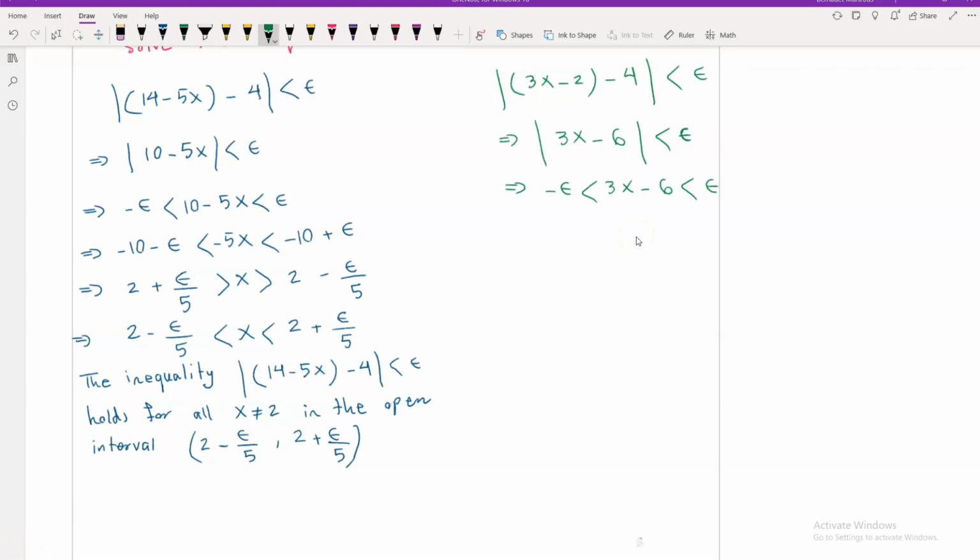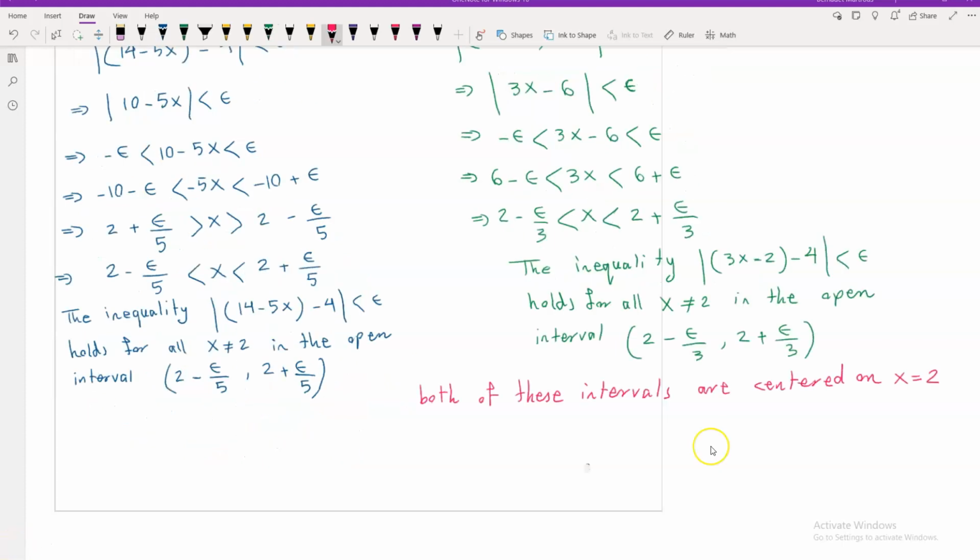So here we have absolute value of 3x minus 6 less than epsilon, 3x minus 6 between negative epsilon and positive epsilon, add 6, divide by 3, so our open interval is 2 minus epsilon divided by 3 and 2 plus epsilon divided by 3.